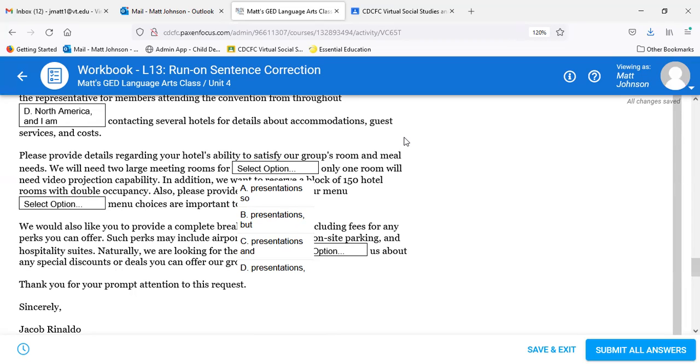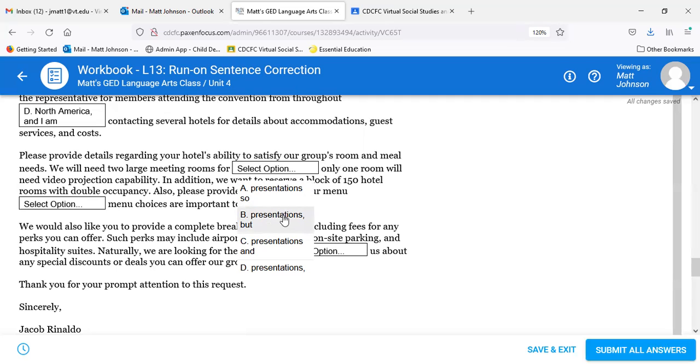B, so, but only, yeah. So that's the one. If you look at those 4 choices, the only one that has correct punctuation and connecting word is B. So we will need 2 large meeting rooms for presentations, comma, but only 1 room will need video projection capability.